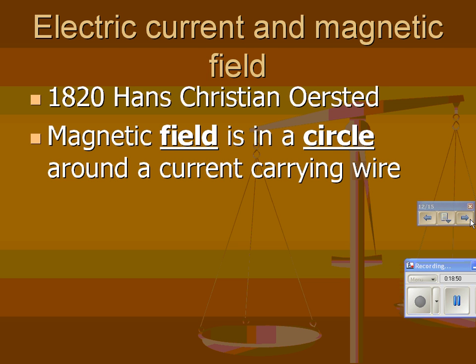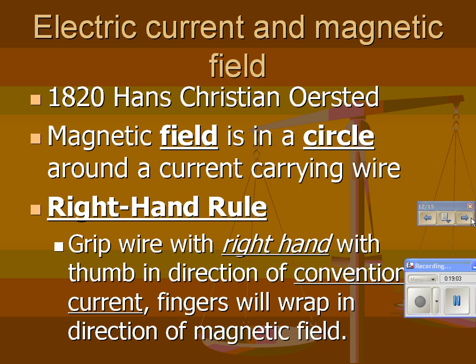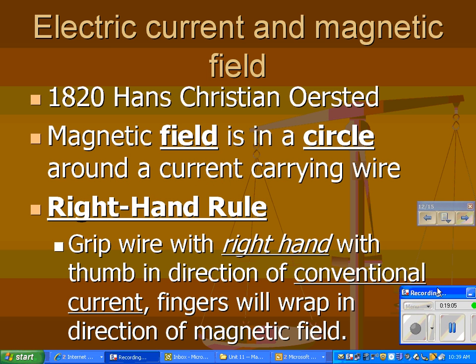If I grab the wire with my thumb pointing the direction of the conventional current, then my fingers would wrap around that wire in the direction of the field. That's the first right-hand rule, okay? Grip the wire with the right hand such that your thumb is the direction of the conventional current. Your fingers will curl around that wire in the direction of the magnetic field.